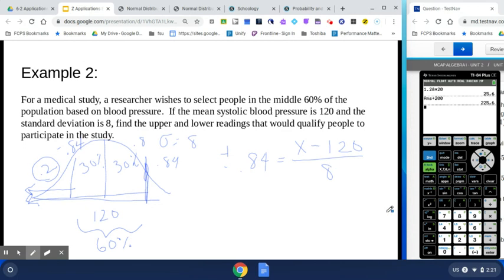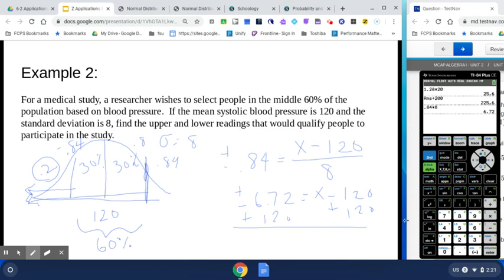Solving that for x, we take positive or negative 0.84 and multiply it by 8. We would get positive or negative 6.72.